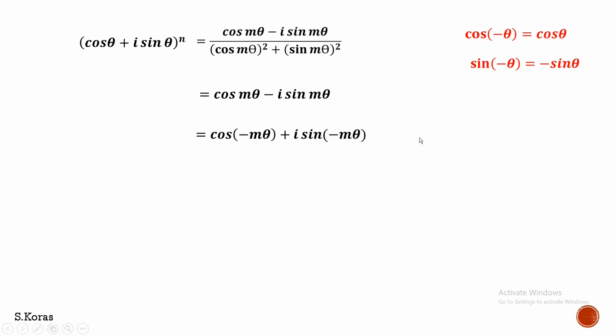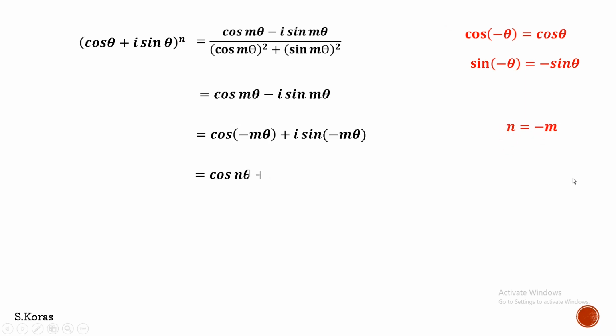We know this minus m is nothing but n, because while we were proving this second case, we treated this n as a negative number. That negative number is treated as minus m. So this minus m is nothing but n. Now let us replace this minus m by n.